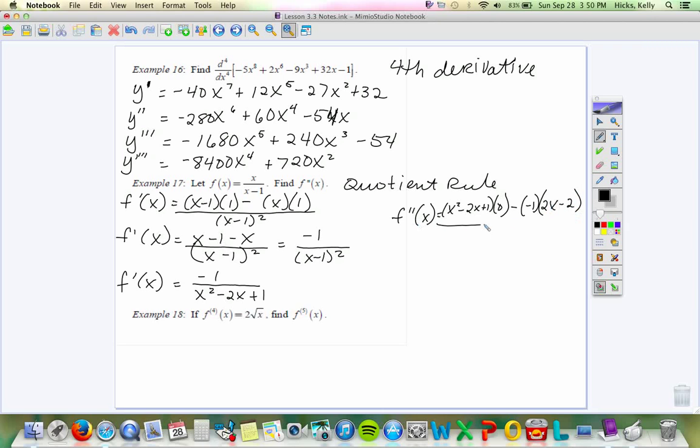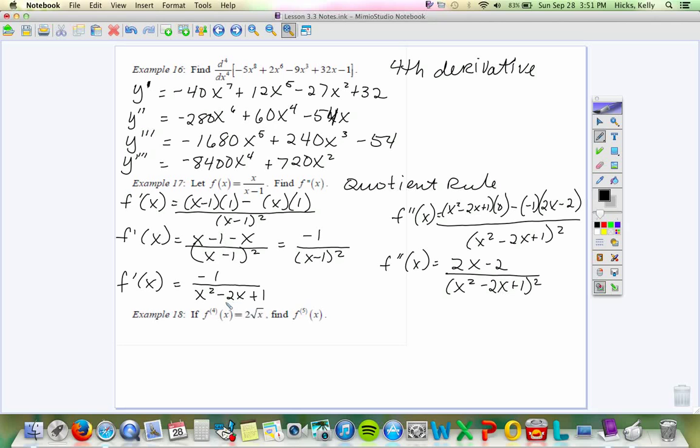Minus high d low. The derivative of that bottom is 2x minus 2, over low squared, x squared minus 2x plus 1 quantity squared. When you simplify all this, that goes to 0 because it's times 0. You get 2x minus 2 over x squared minus 2x plus 1 quantity squared. And that's it. That's your answer.